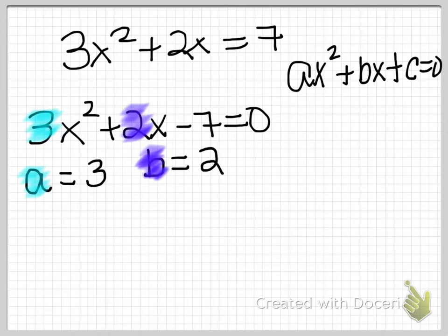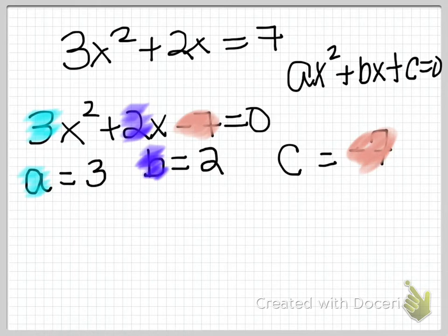And then we have our c, and our c is equal to a negative 7. Notice that has that negative with it, and if it has a negative with it, we have to keep that negative. Okay, we're going to keep the negative alongside. If it's a negative here, it has to stay a negative here. All right? We're good?